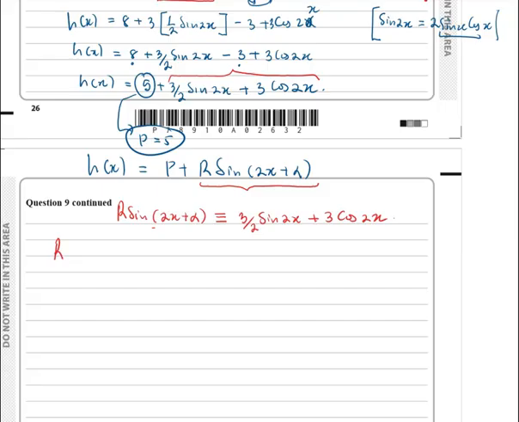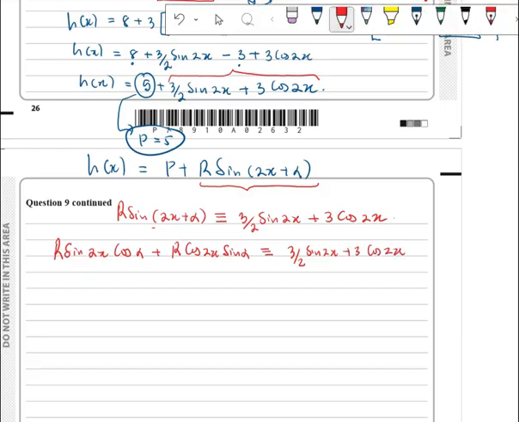So you have r sine of 2x cos of alpha plus r cos of 2x sine of alpha. These are equivalent to 3 over 2 sine of 2x plus 3 cos of 2x. Now I can compare the coefficients.